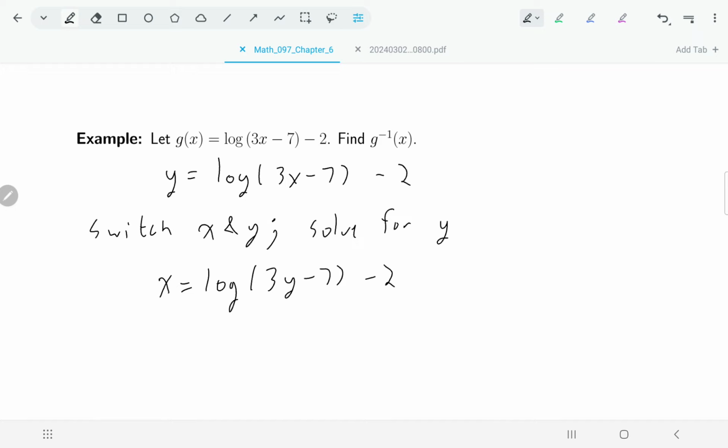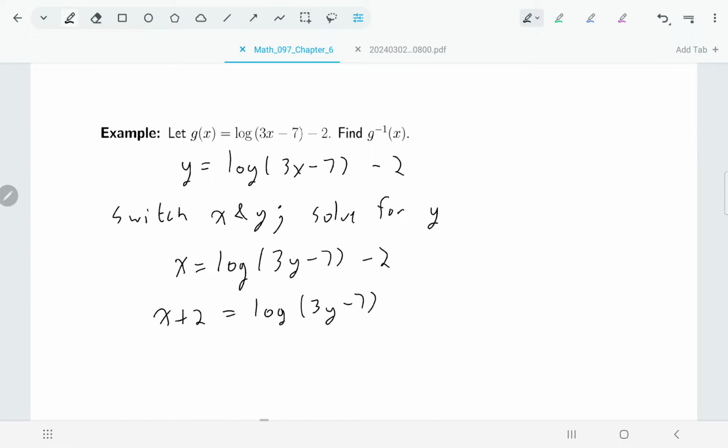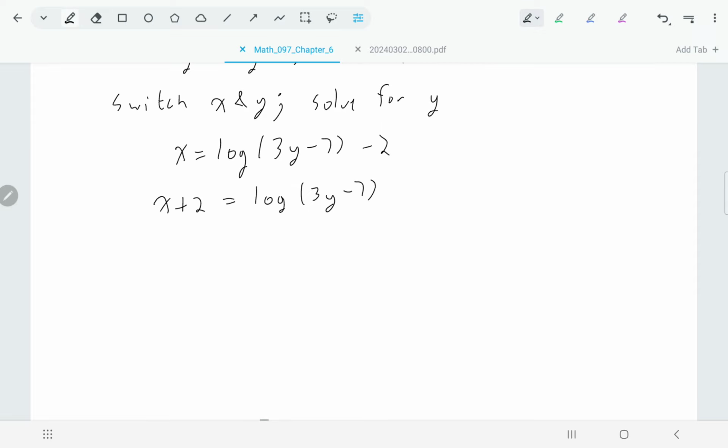And same thing as before, I'm going to isolate the log first before I start rewriting it as something exponential. So I'm going to move the 2 to the other side. And now I can say that, good, I've got a log by itself on the right side.